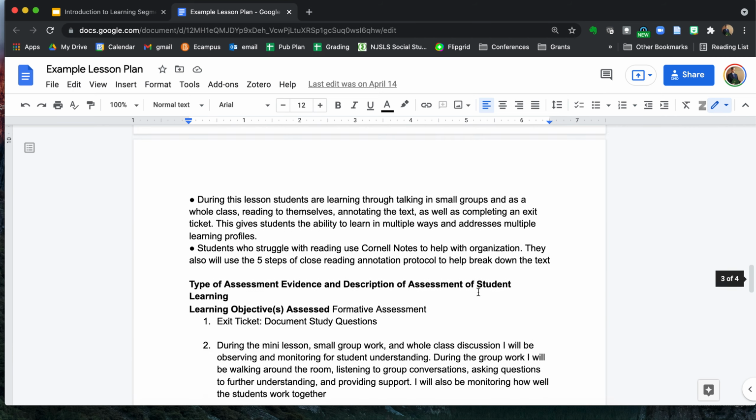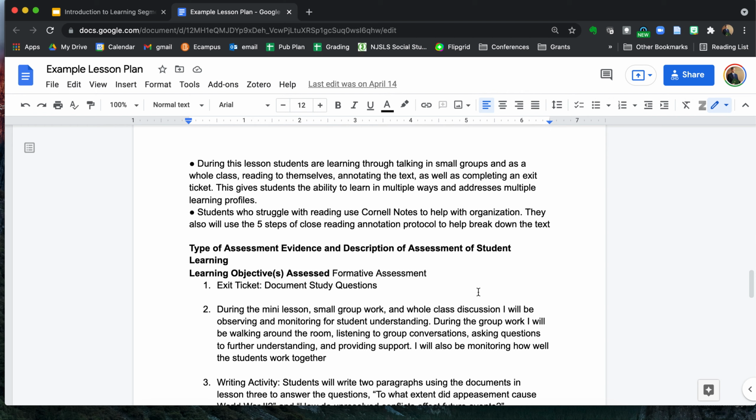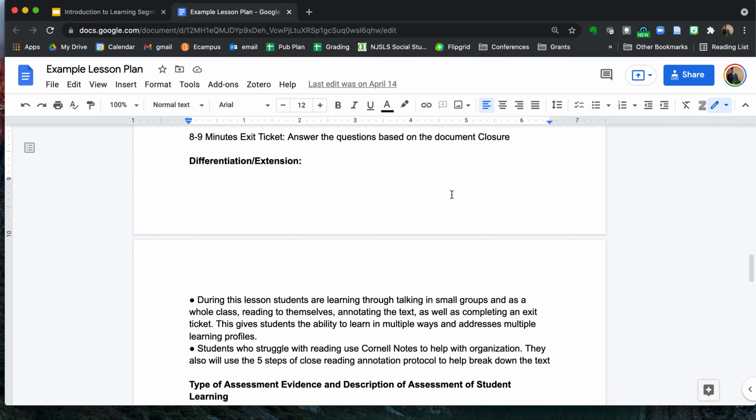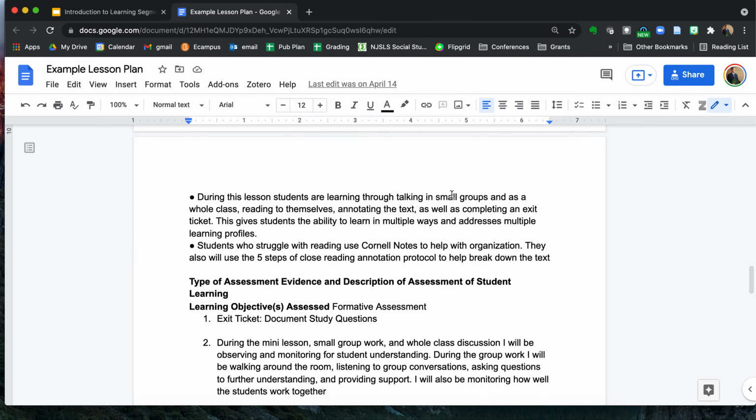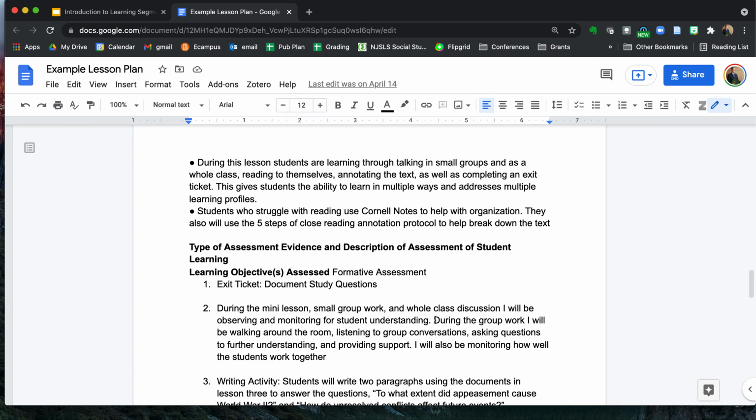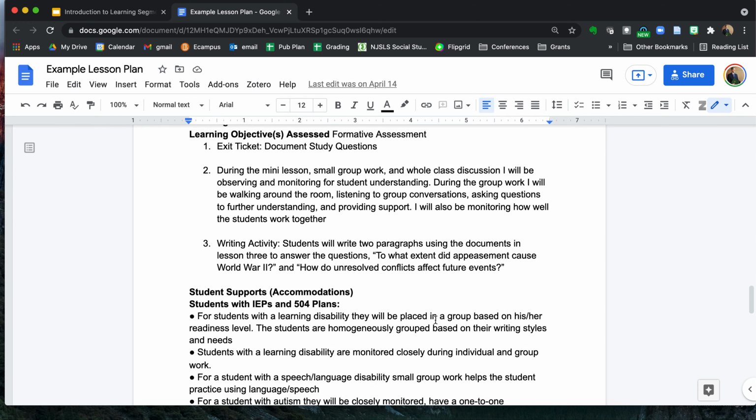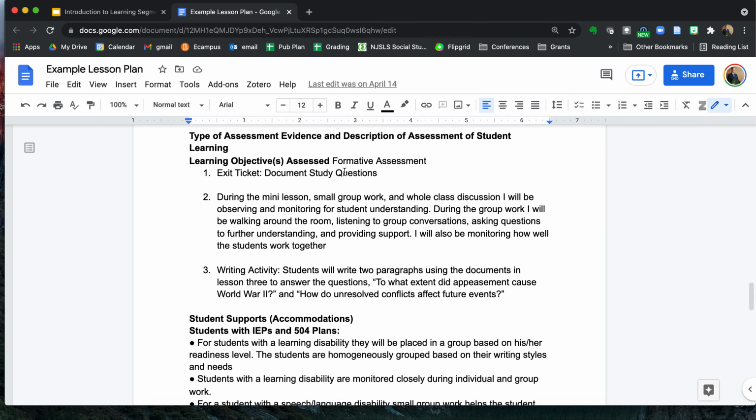So these are all things that we need to pay attention to. She doesn't do a great job here detailing who gets what, when, and how when it comes to differentiation, accommodation, and modification. What is kind of cool is here she tries to break things up by objective.